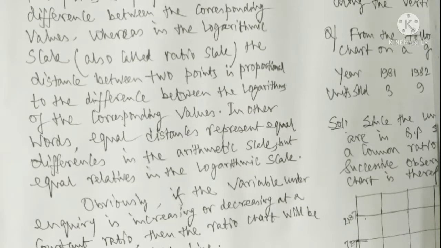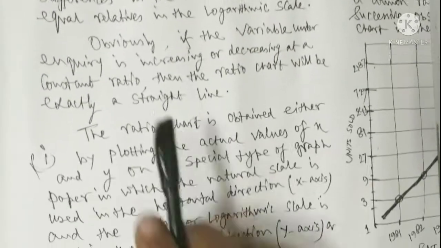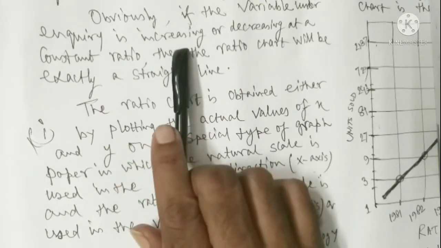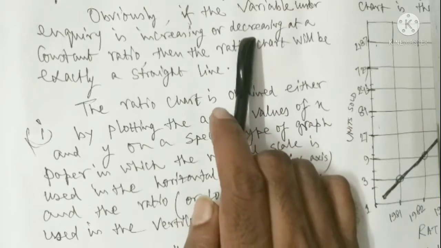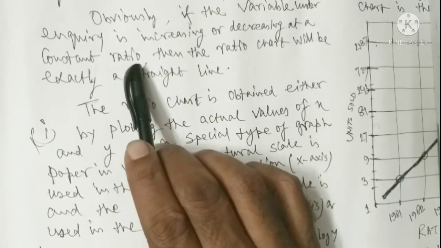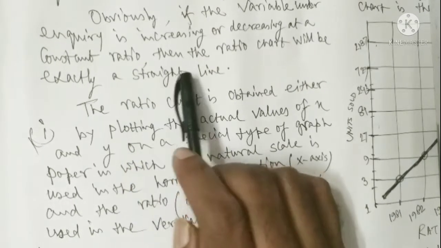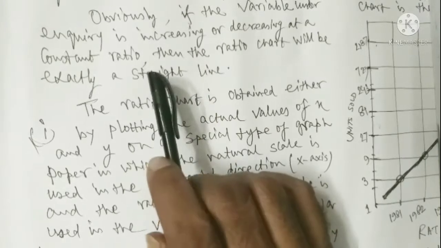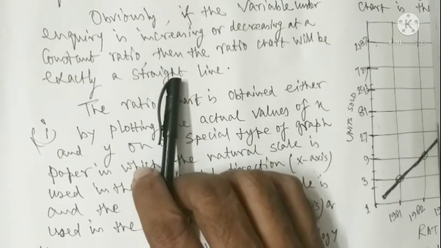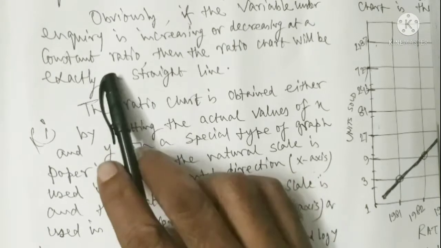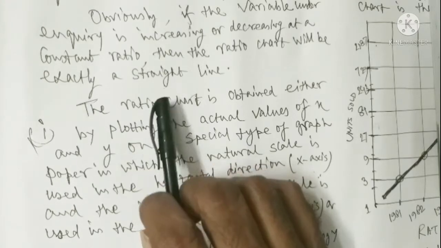Obviously, if the variable under inquiry is increasing or decreasing at a constant ratio, then the ratio chart will be exactly a straight line. Actually, the generation of a straight line depends on the change in ratio pattern. Here the ratio pattern is constant, therefore that will be a straight line.